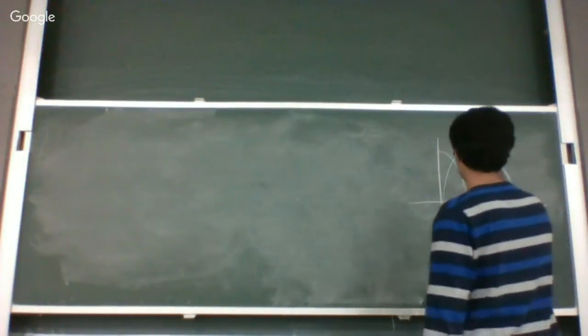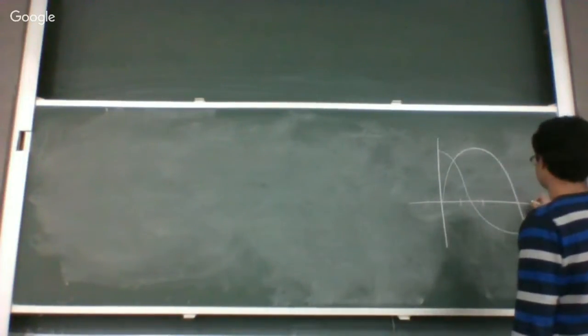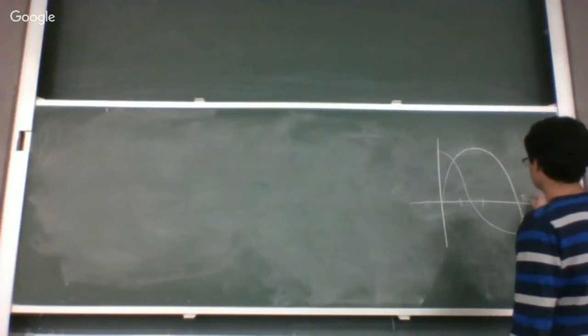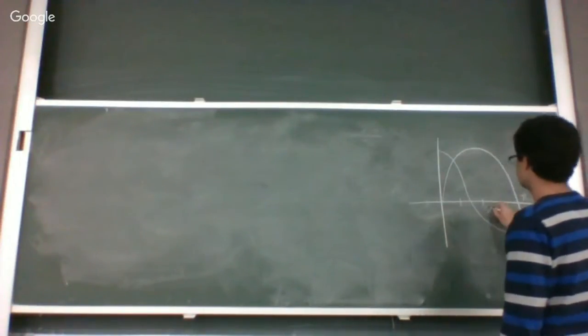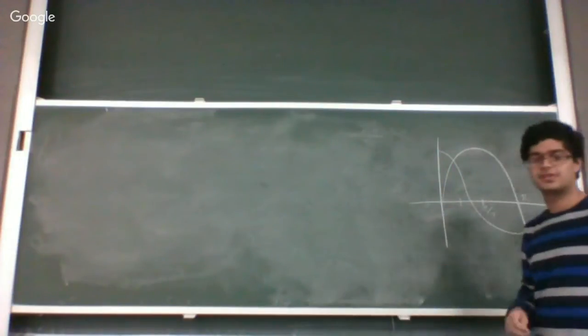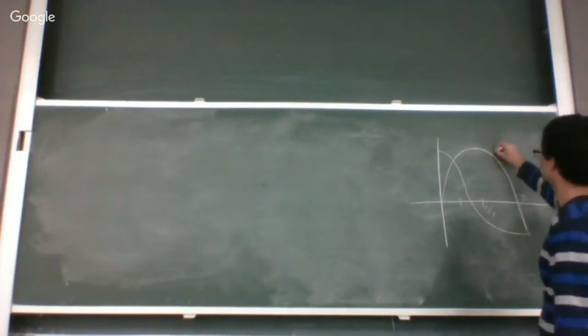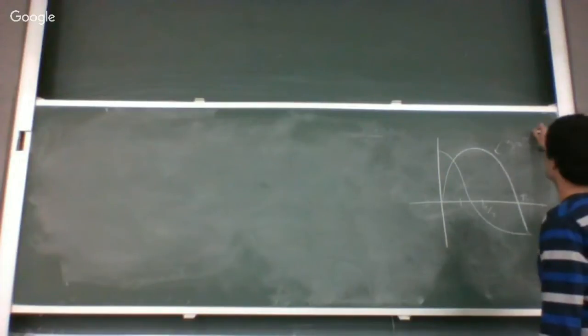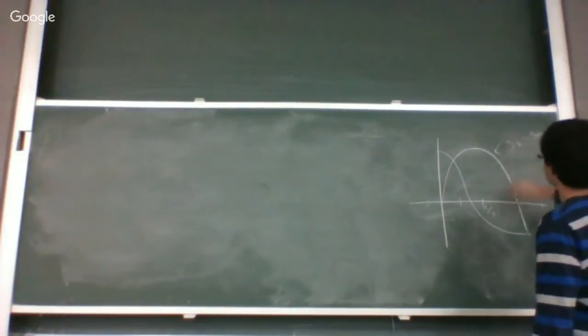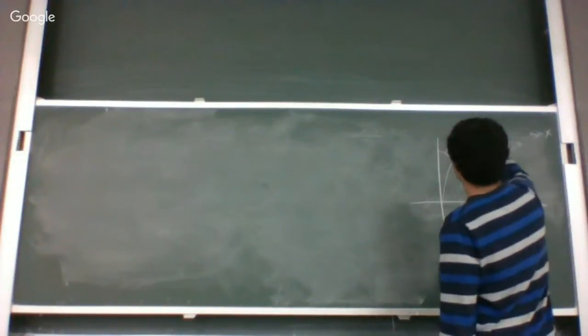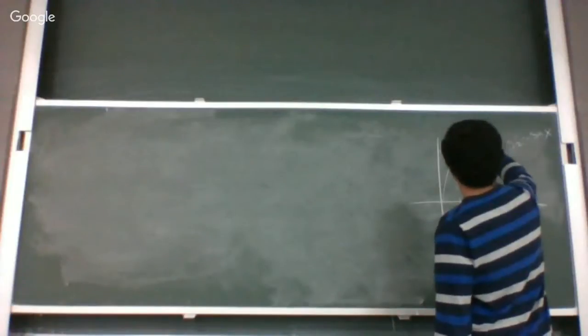So, we have pi somewhere, pi/2 somewhere. I'm not sure. Right. So this is y is equal to sine of x. Y is equal to cosine.